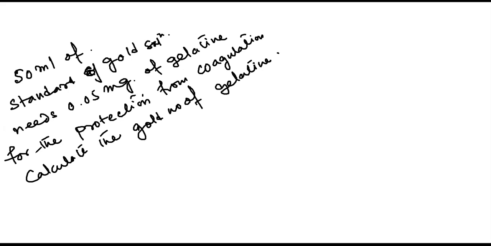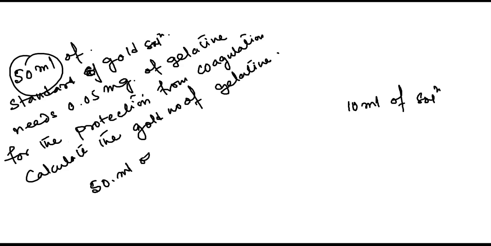Actually, very easy. Generally, gold number is calculated for 10 ml of solution. Here it is given as 50 ml of solution. So we can do it by the unitary method. 50 ml of gold solution requires 0.05 milligram.